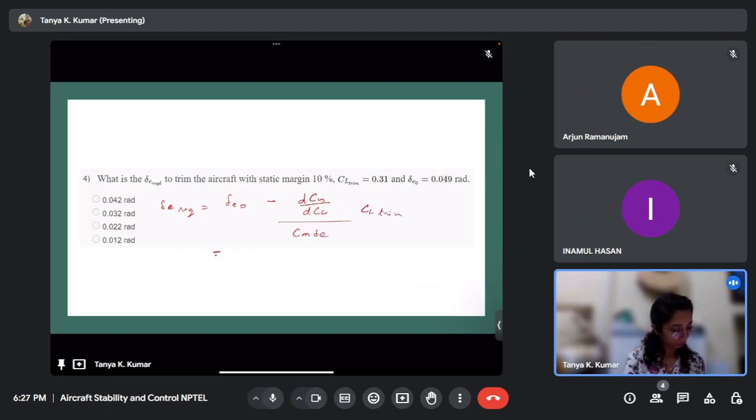So delta E naught is 0.049 minus, dCm by dCl is minus of 0.1, by Cm delta E is minus 0.834, and CL trim is 0.31. Answer B.